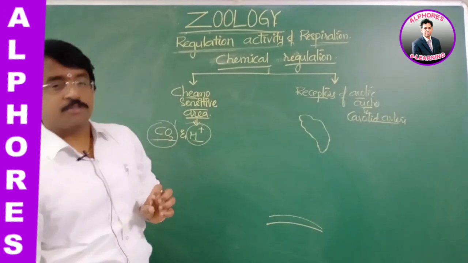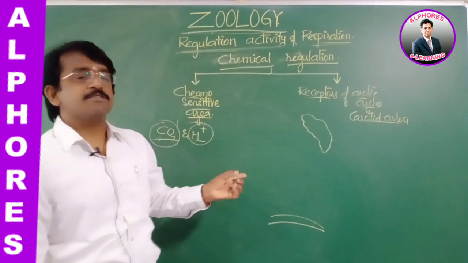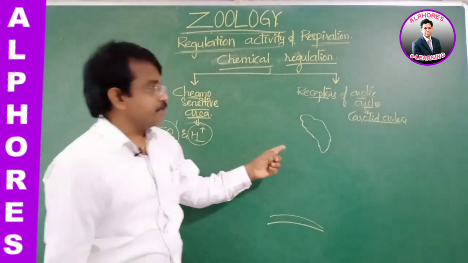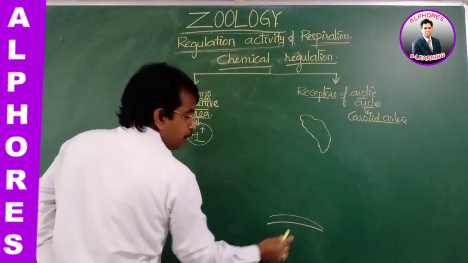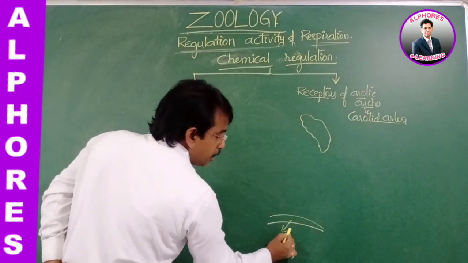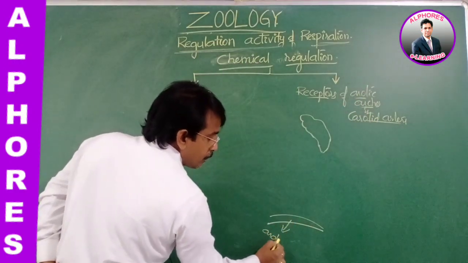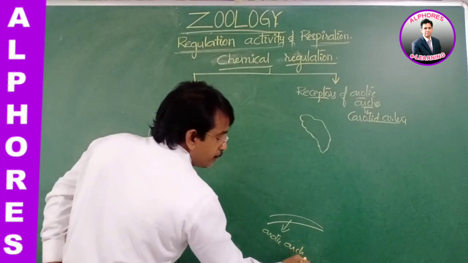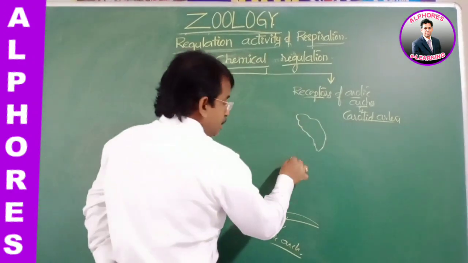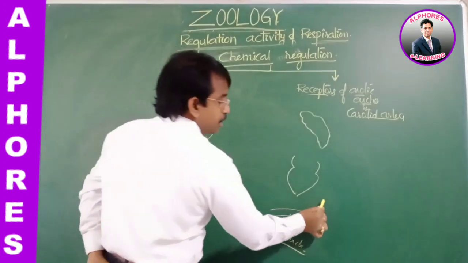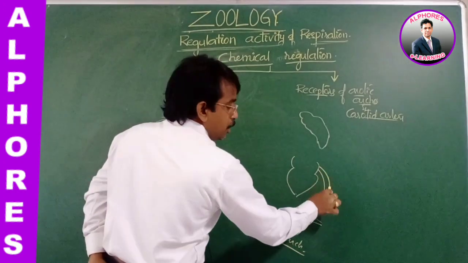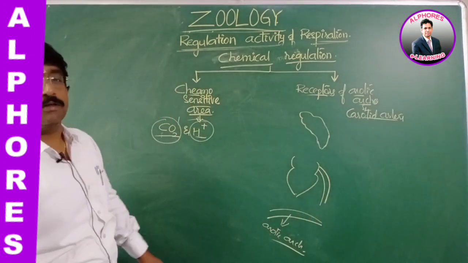The systemic aortic arch supplies oxygen to the different parts. This is the aortic arch, and this is the heart, to which the carotid artery supplies blood.